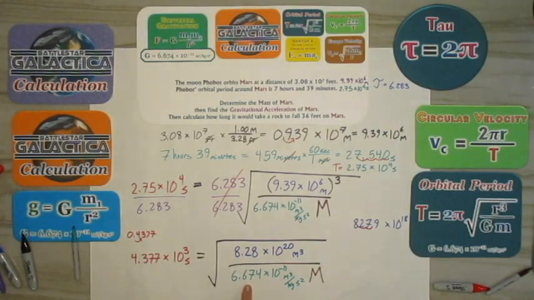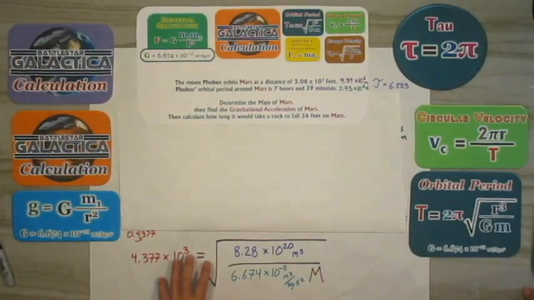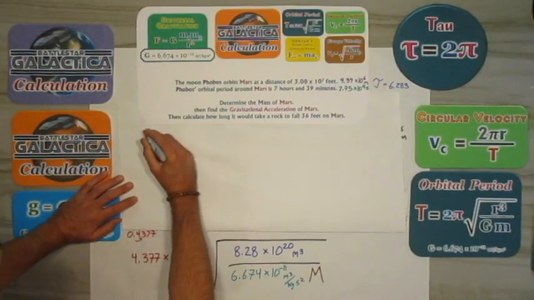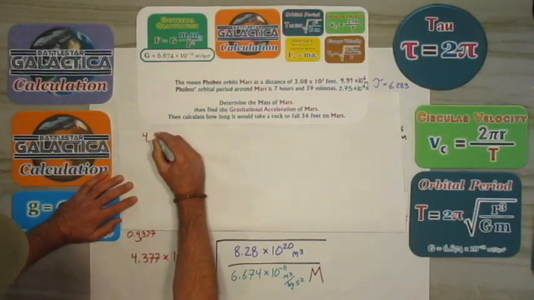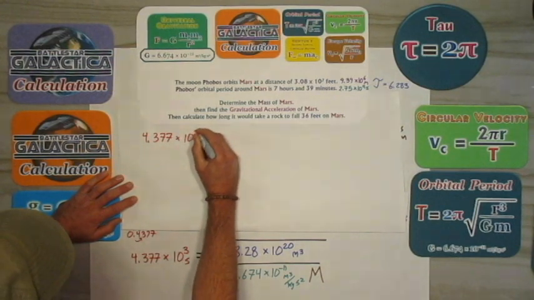Okay, so notice these two numbers, and I'm going to be dividing them. Because we still need to use these numbers, I just folded a paper here so that we could transfer them up. So we've got 4.377 times 10 to the 3rd seconds.